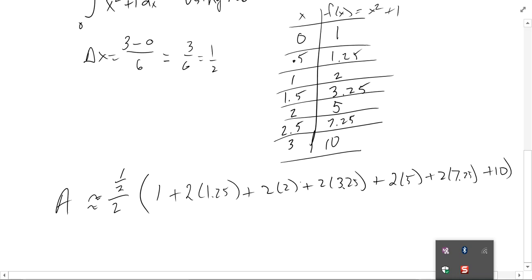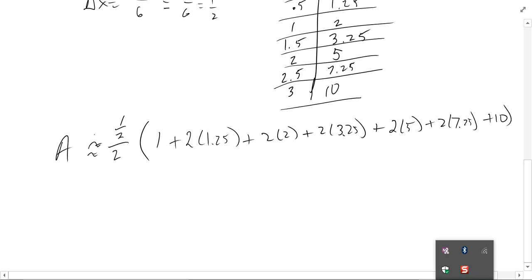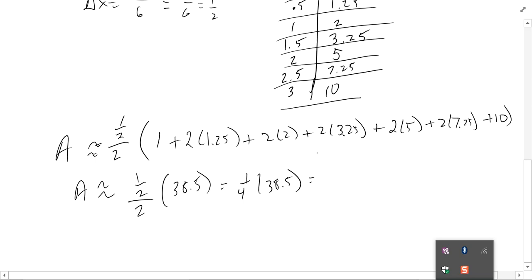And then if we crunch those numbers, we will get that the area is about 1/2 divided by 2 times 38.5, which is actually 1/4 times 38.5.